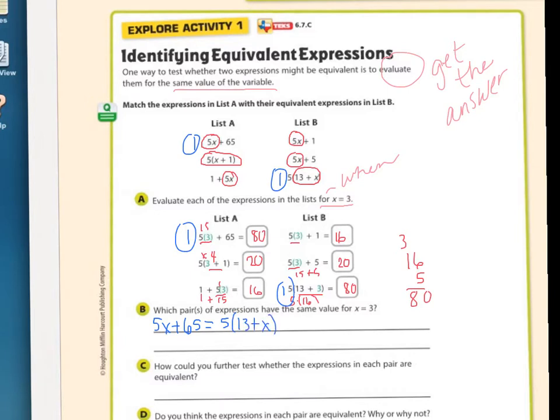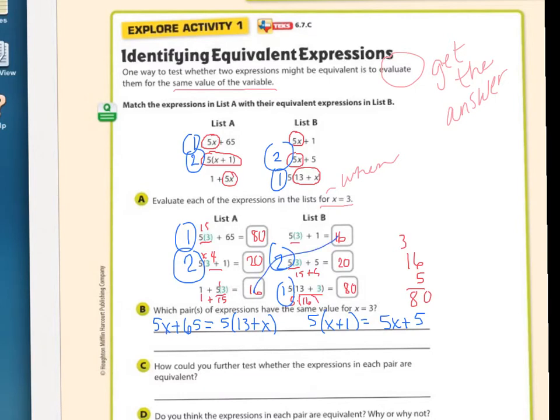And this one right here, 20, matches this one, so 5 times x plus 1 is equal to 5x plus 5. And then the last one was these two.